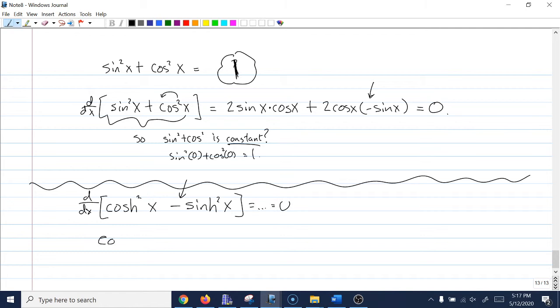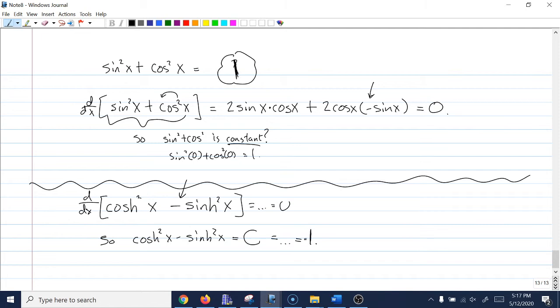So cosh squared minus sinh squared is a constant, and if you plug 0 into these functions, you get 1 and 0. Cosh of 0 is 1, sinh of 0 is 0. So cosh squared x minus sinh squared x is some constant, and the constant turns out to be 1.